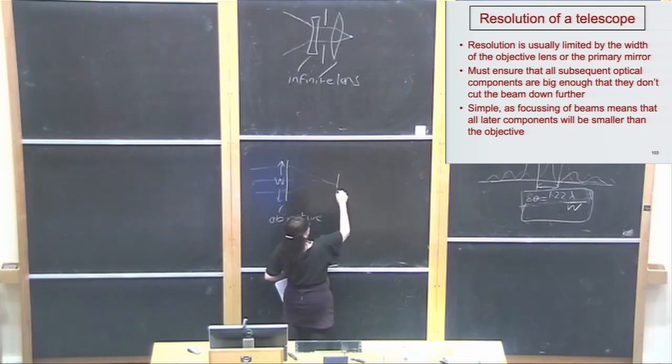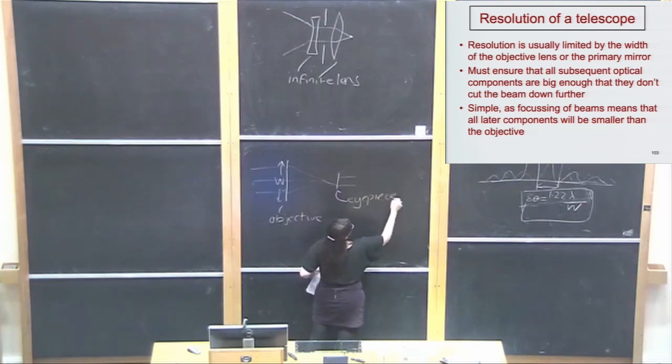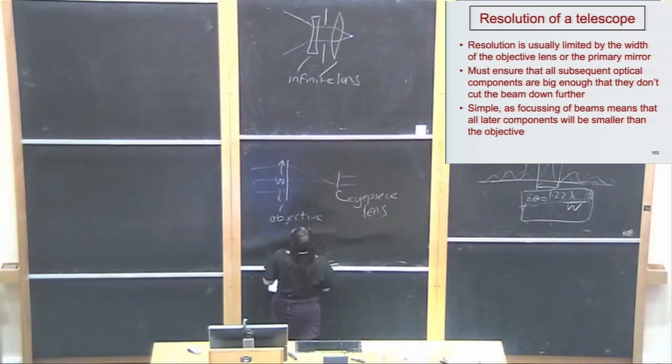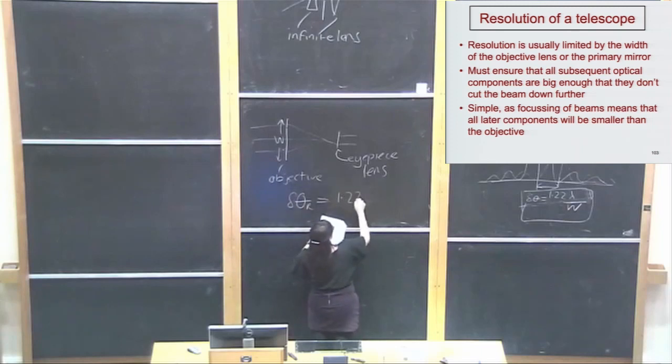And then you've got an eyepiece lens here, which you then observe the rays, your virtual image at infinity. So that's your eyepiece lens. Right, so the angular resolution is going to be determined by 1.22 lambda over W, the width of your objective.